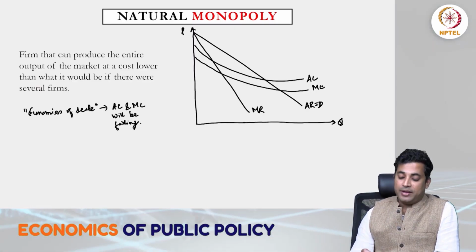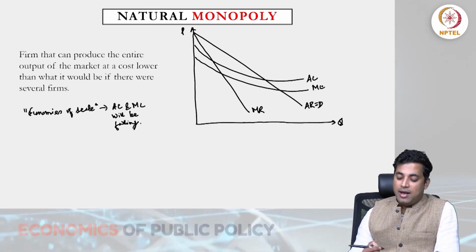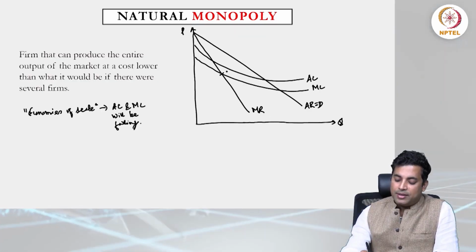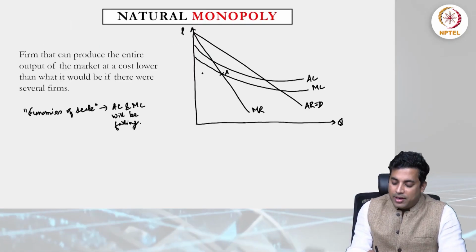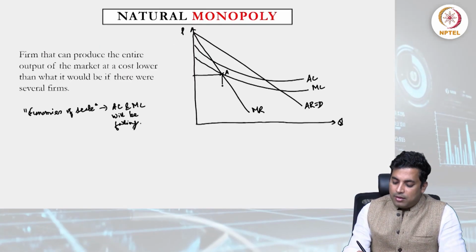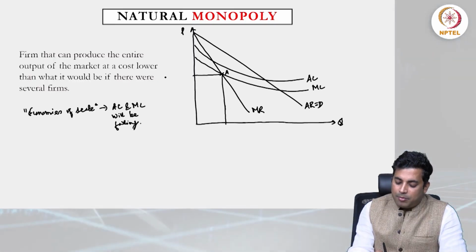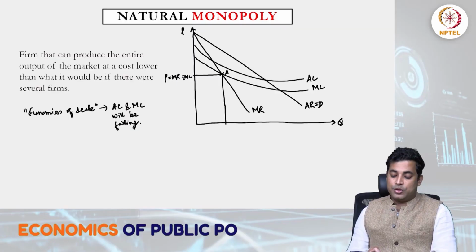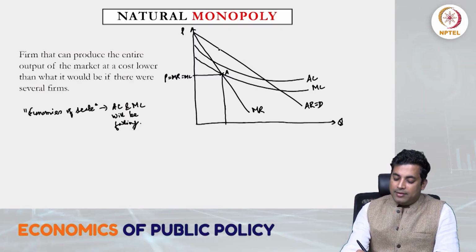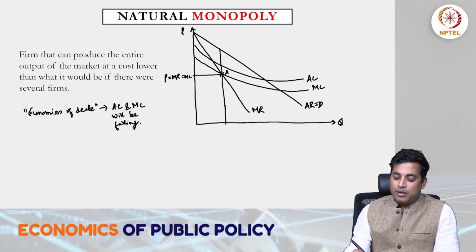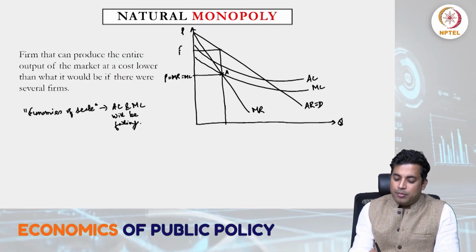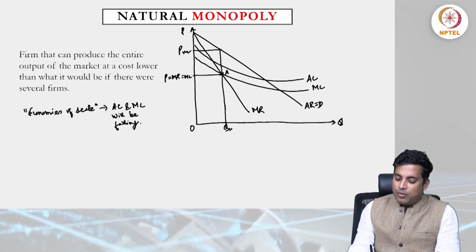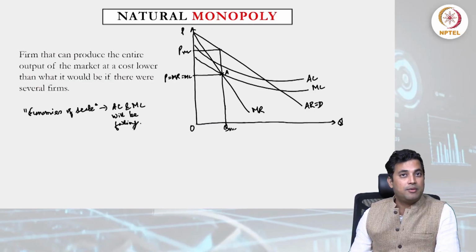The first point is the profit maximization condition, where marginal revenue and marginal cost equal each other, at point A. Corresponding to point A, we get PM, the price fixed under monopoly, and QM, the total quantity produced under monopoly.